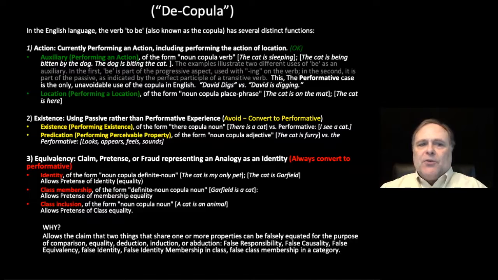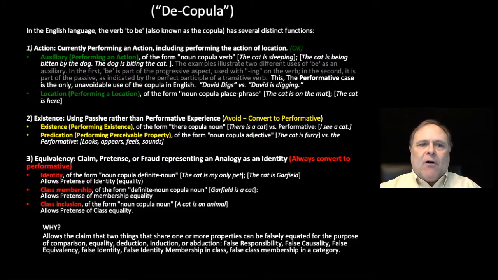We would prefer that you converted a statement of existence to the performative, and we should always avoid at all possible the problem of inclusion or identity if you're saying something belongs to a category. The cat is Garfield should be turned to the performative: I named the cat Garfield, or we call the cat Garfield. That's a performative action.